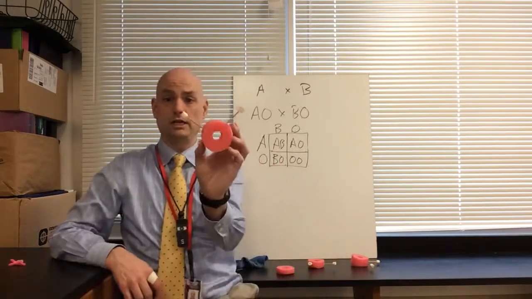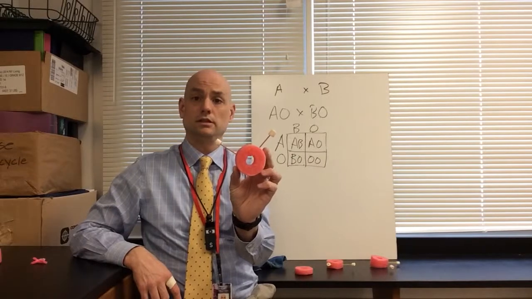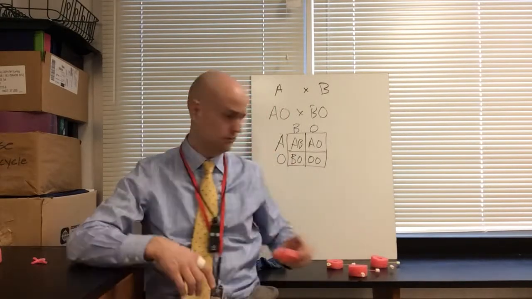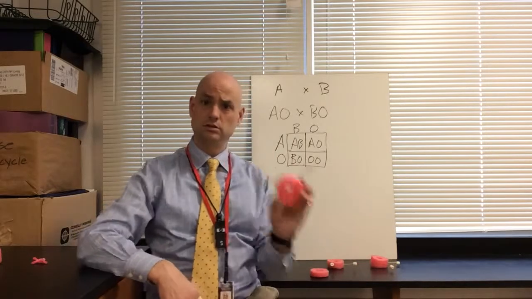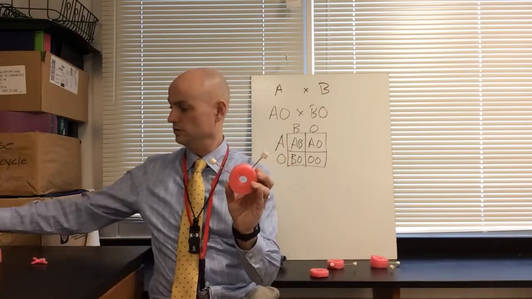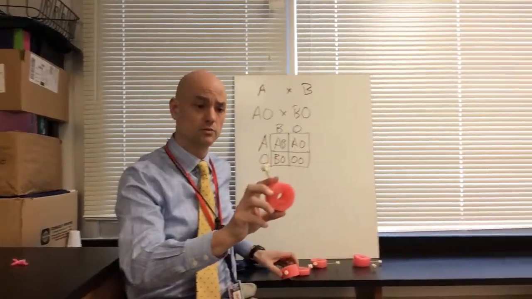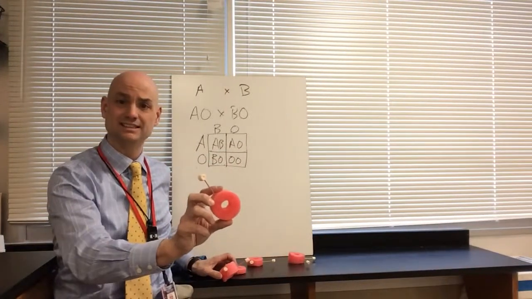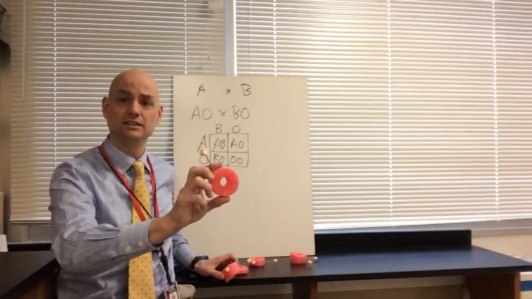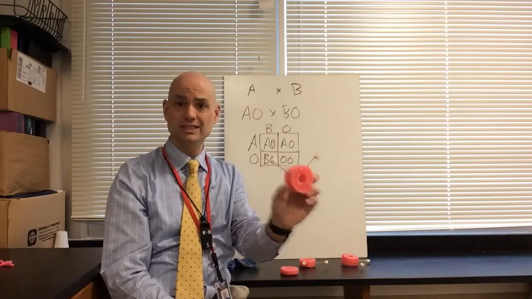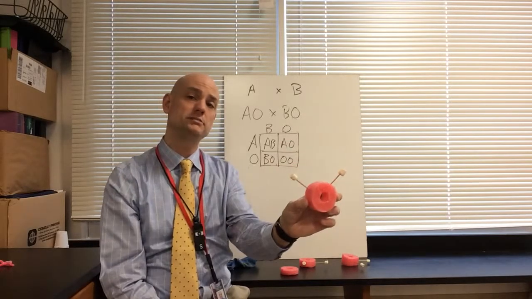So here is A. Now O was this. So what's the halfway between? Oh, well, it's that. Does it have the red surface protein? Yes, it does. So, does this have the red surface protein? Yes. But it has twice as many.